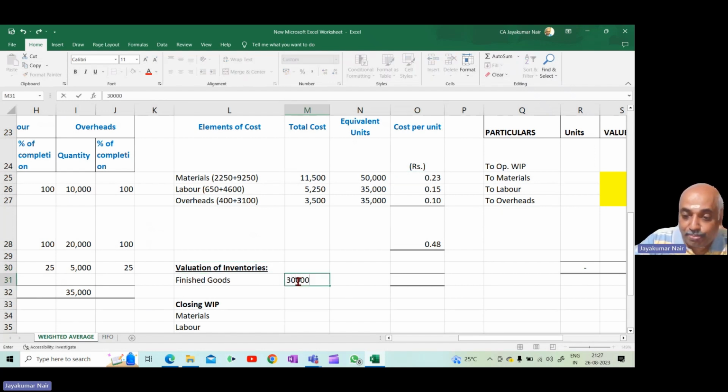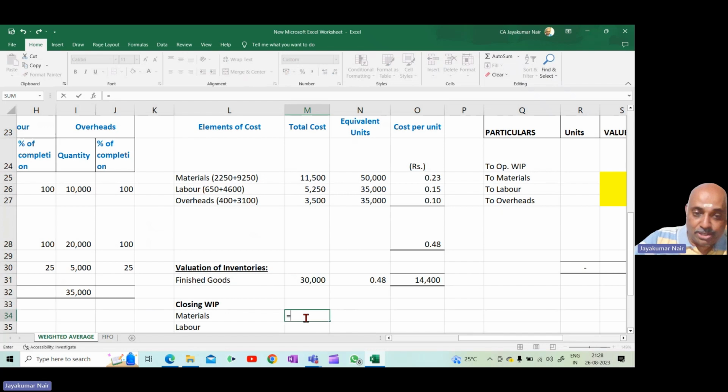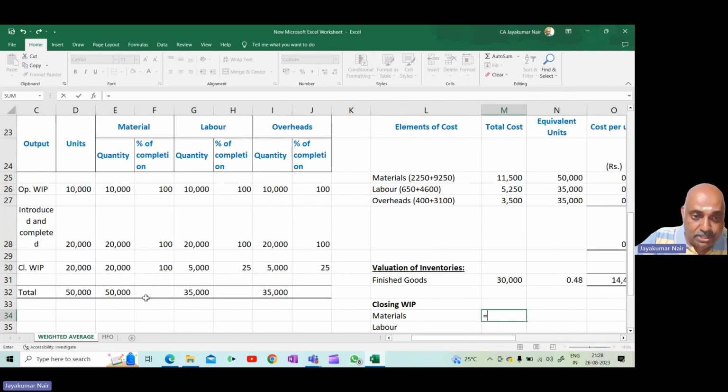30,000 units you have completed and transferred to the next process. And the total cost per unit is 0.48. So you multiply 30,000 into 0.48, you get this value. Whereas work in progress, material, how much? Material is 20,000.